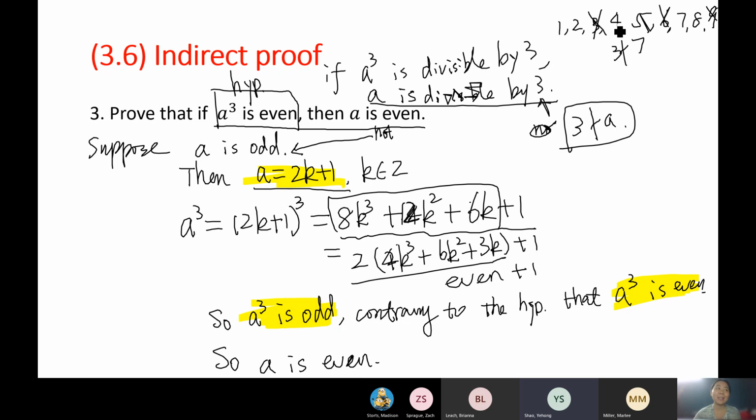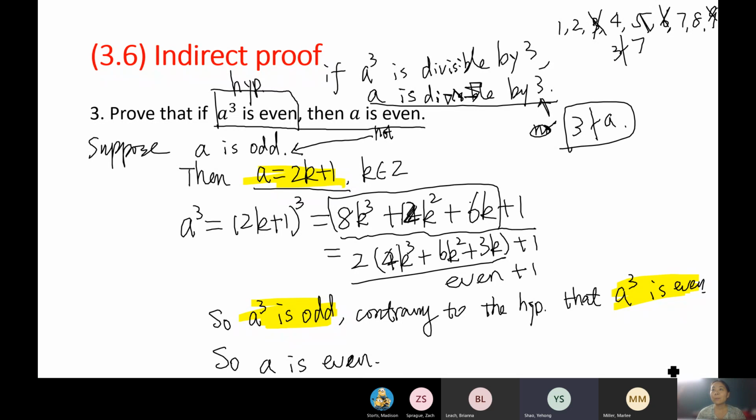Remember the first problem we did? What was the first problem? All integers can be divided into 3 categories. Which 3 categories? Do you remember that? 3k, 3k plus 1, or 3k plus 2. Yes, that's right.